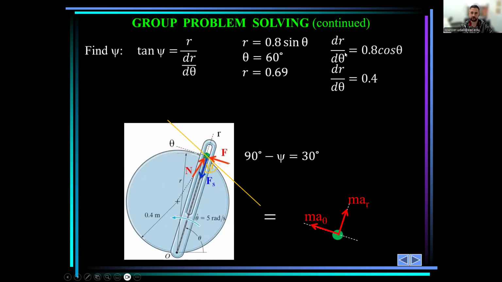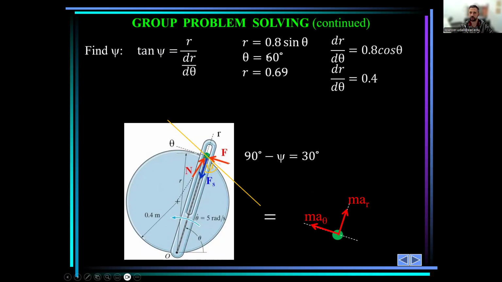Now we need to do dr d theta, which if R is 0.8 cosine theta, then dr d theta is just the derivative with respect to theta of that. There's not a lot of work shown here, but take the derivative of that in terms of theta.